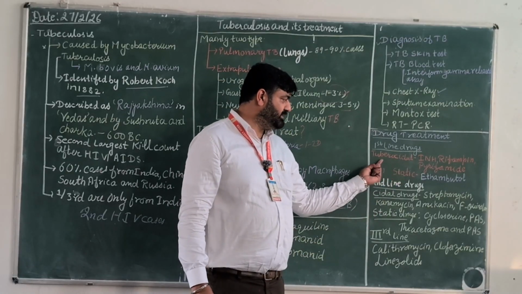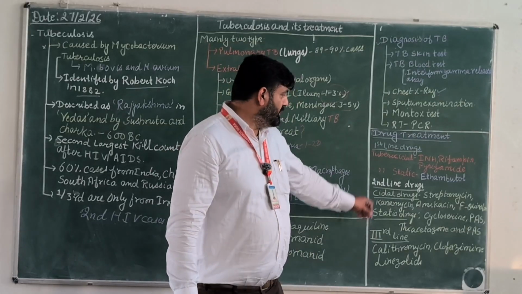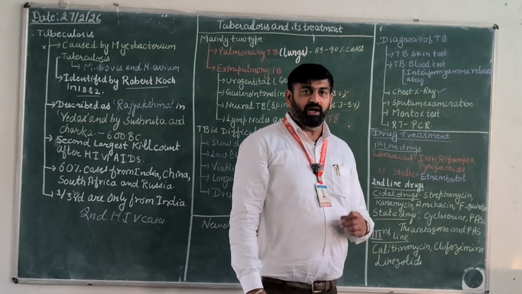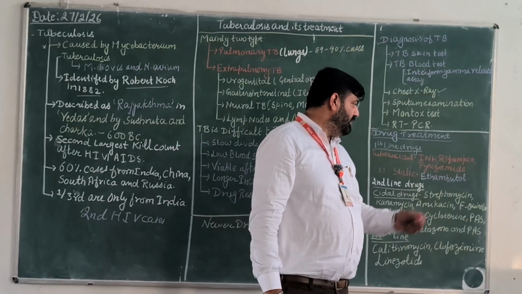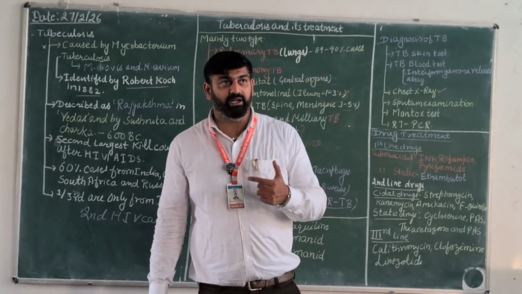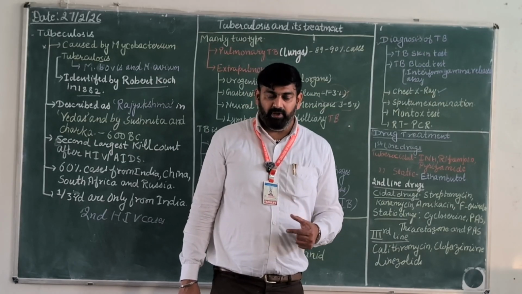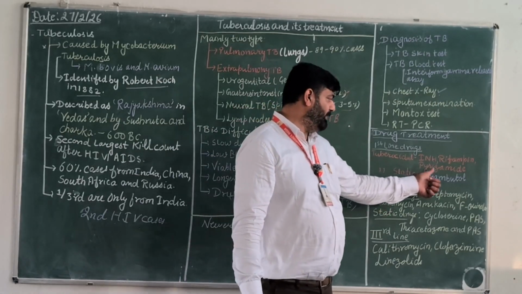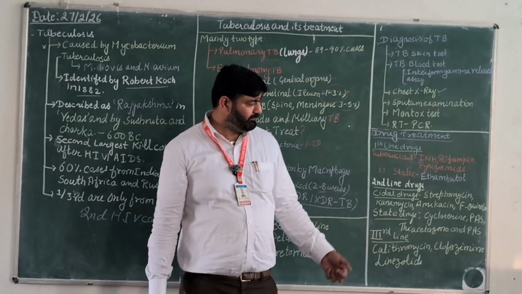One is tuberculocidal, that kills the bacteria. In this, we have INH or isoniazid, isonicotinic hydrazide, rifampin, a very good and very active anti-tubercular antibiotic. Then we have pyrazinamide. In the static class, we have ethambutol.